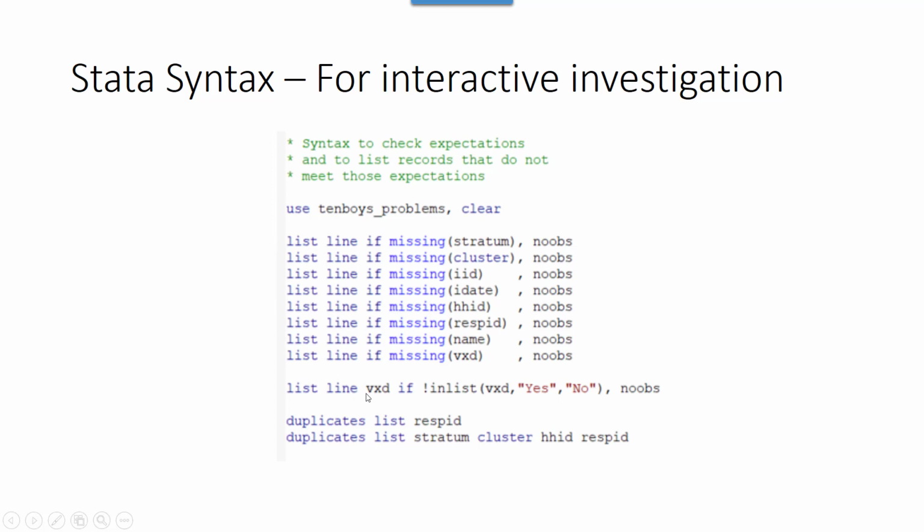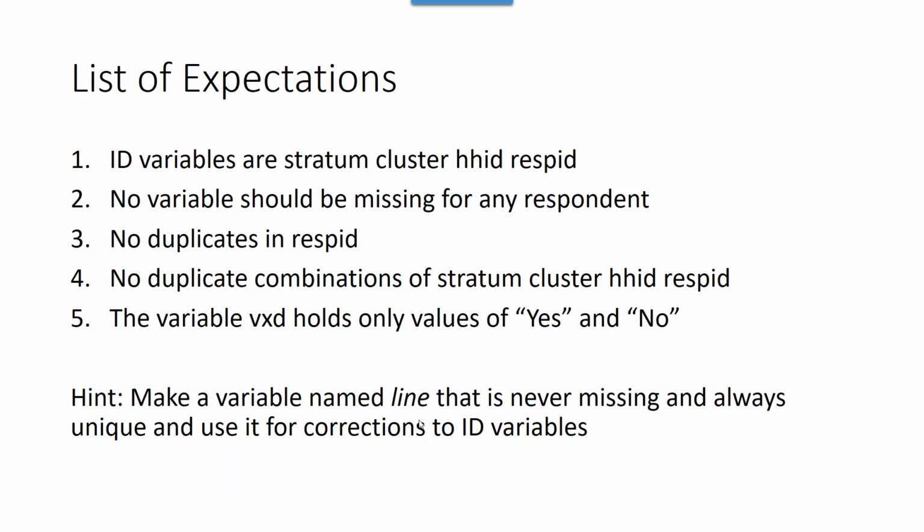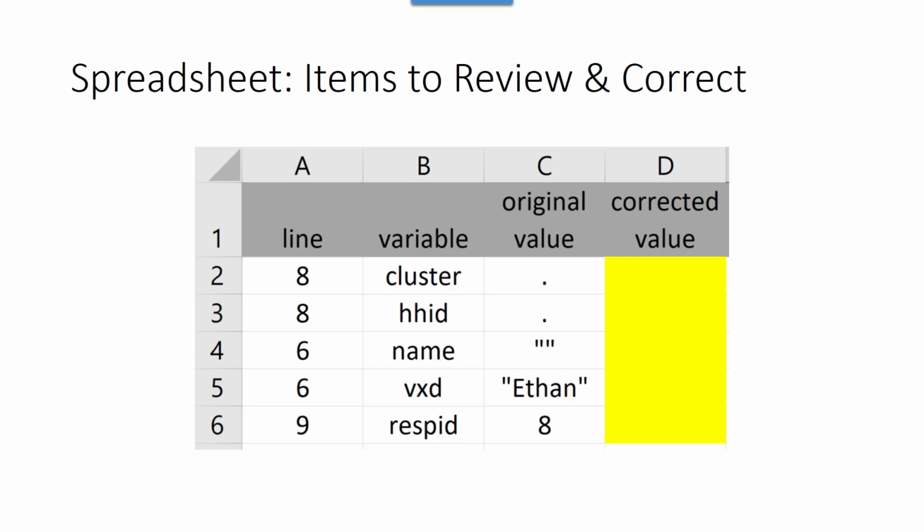And then we're listing the line number and the value of VXD if the value is not either yes or no. And then we're checking for duplicates either in the respondent ID or in the combination of 4 ID variables. So this is a short Stata program that would check the list of expectations found here.